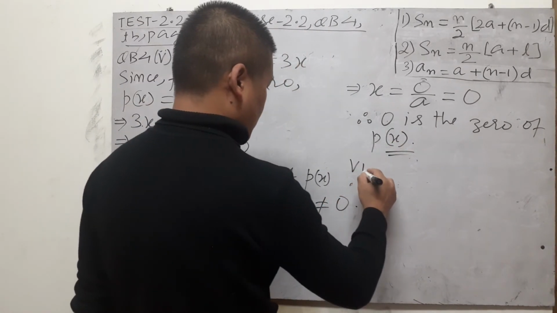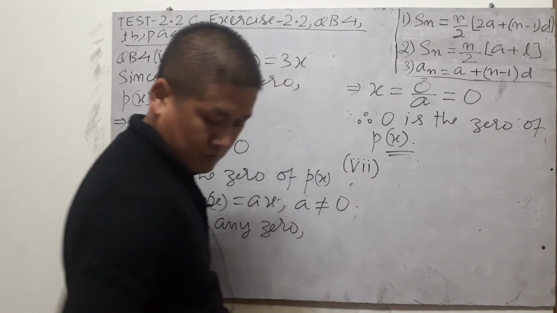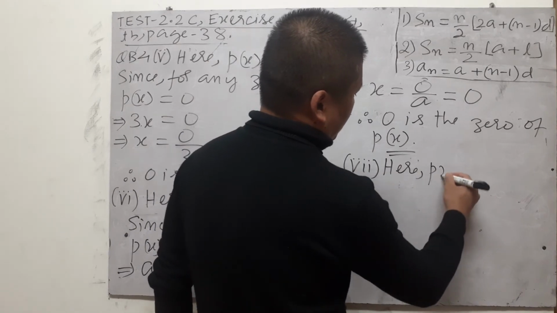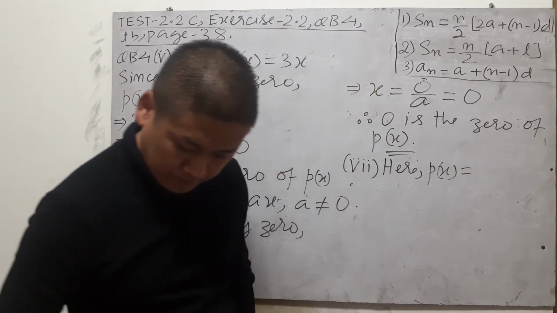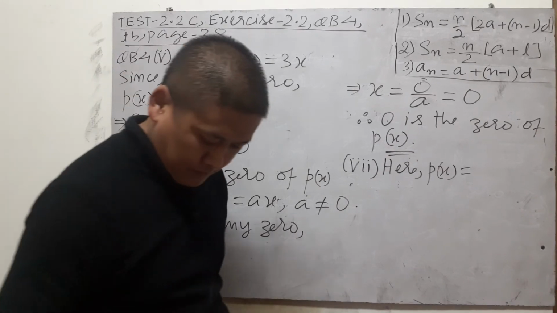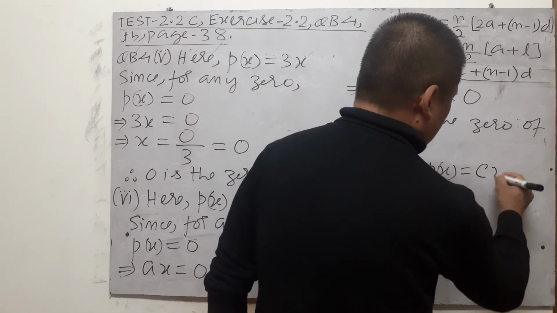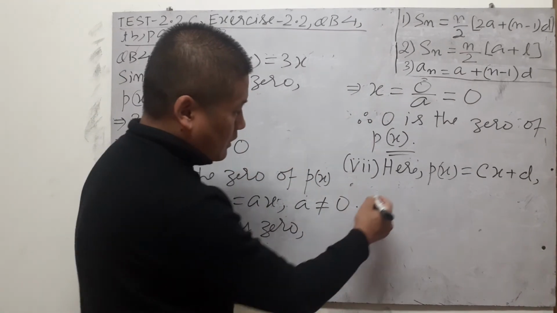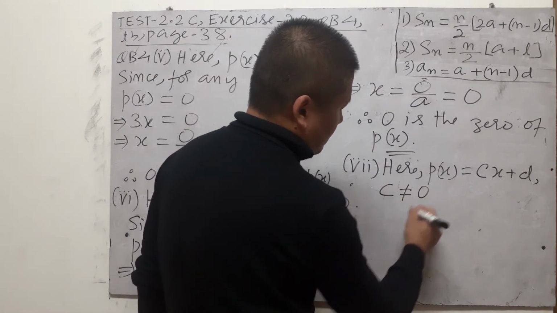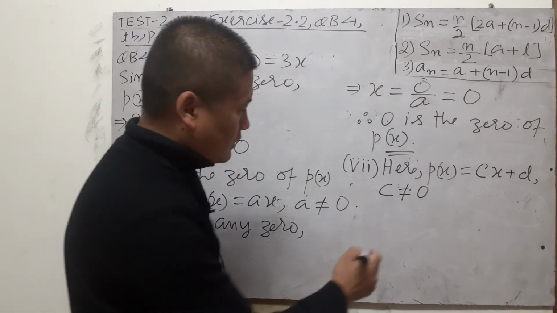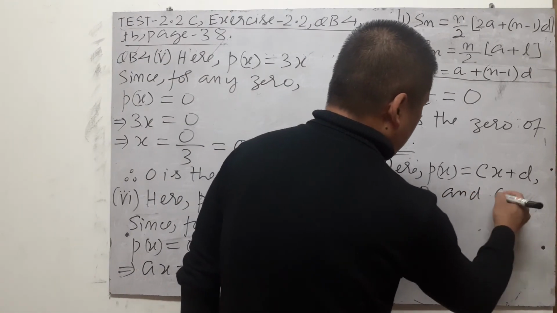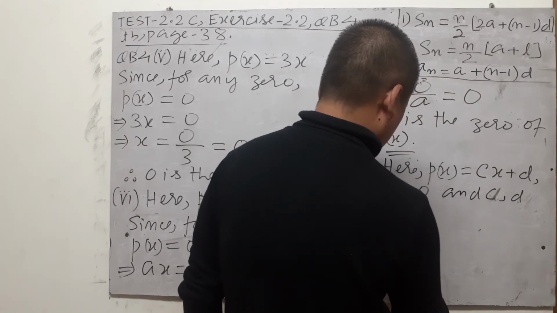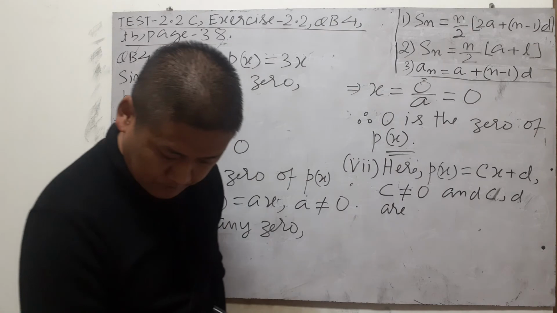Then the seventh one, the last one, I think. Here, the value of p of x is expressed as cx plus d. However, there are some conditions mentioned. In this case, the c value should not be equal to 0, the question is saying. And the small c and small d values are real numbers.